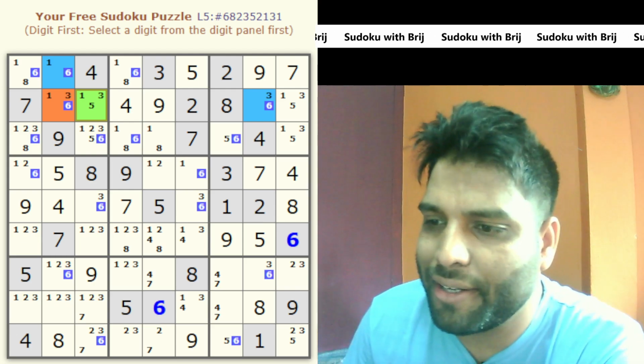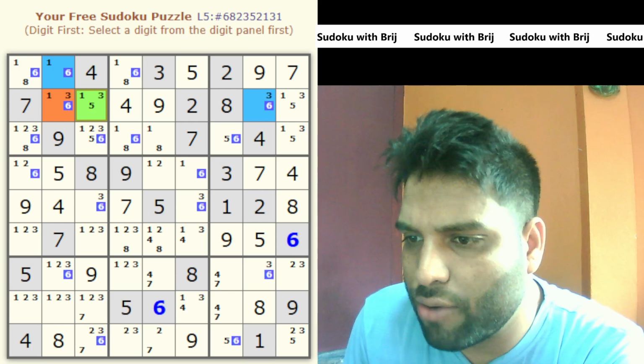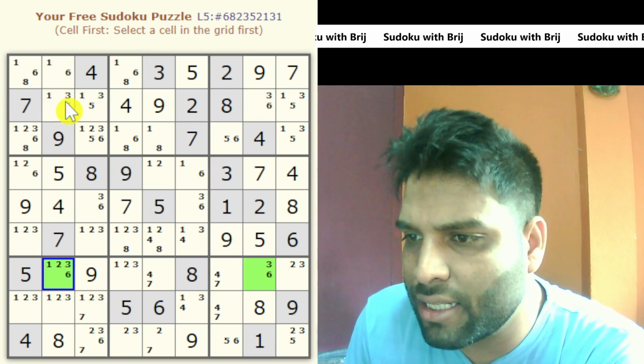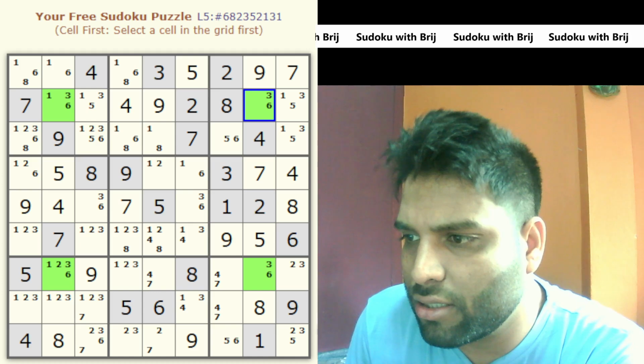Now we can apply X-Wing. So how can we apply it, let's see. There is 6, there is 6, there is 6, and there is 6. So let me mark the 6 first.